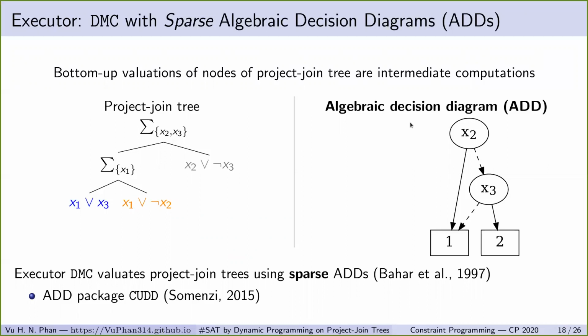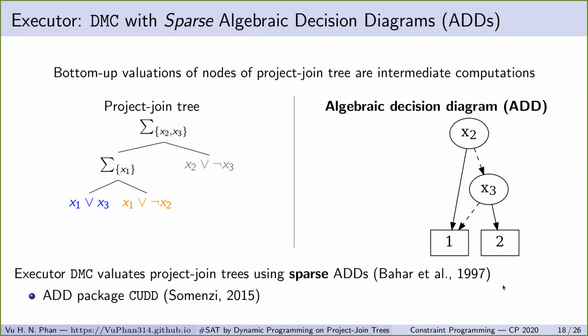In this directed acyclic graph, a solid arc indicates that the corresponding variable x2 is assigned 1 on this arc. A dashed arc indicates that x2 is assigned 0 on this arc. We can see that this ADD represents a pseudo-Boolean function over x2 and x3, and the possible outputs are 1 and 2.